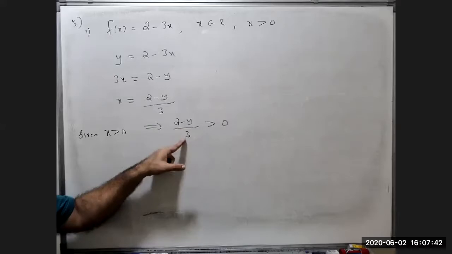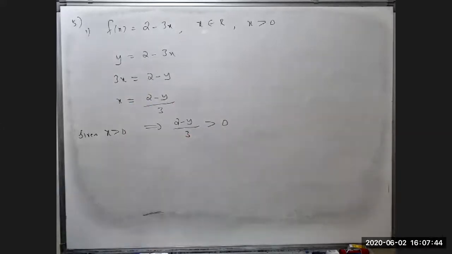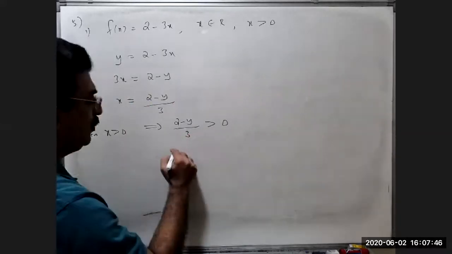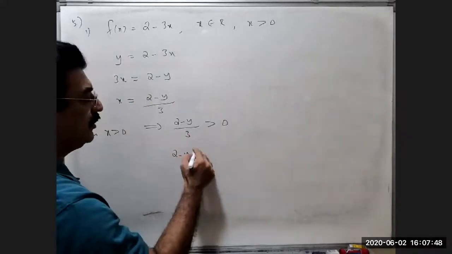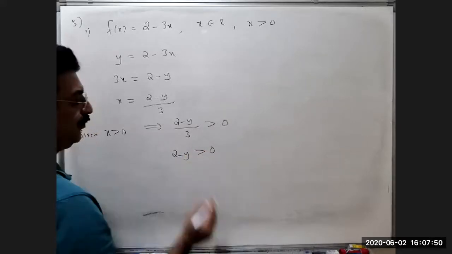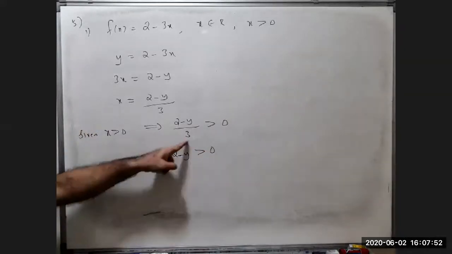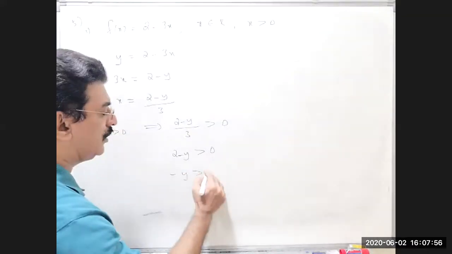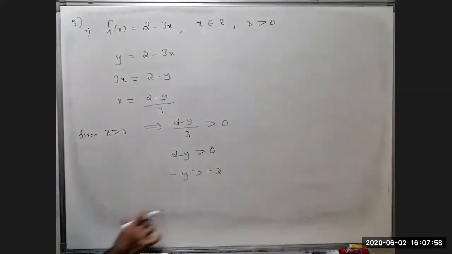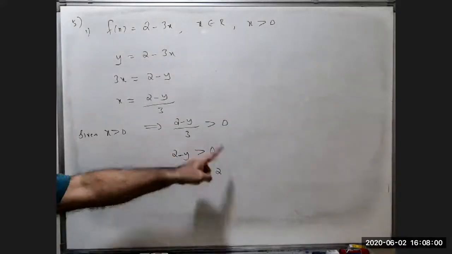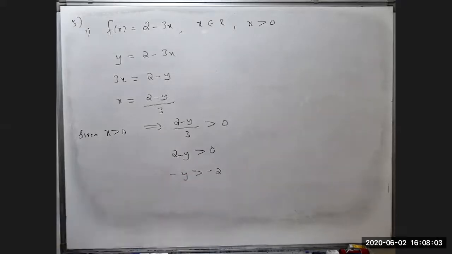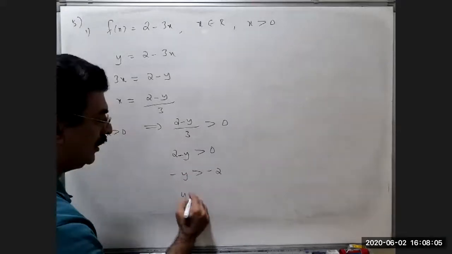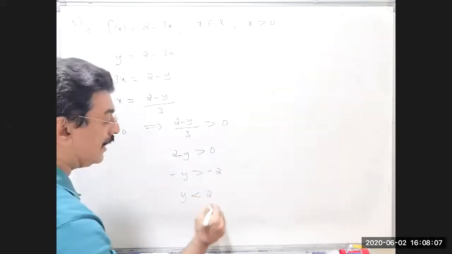Then 2 minus y is bigger than 0. Cross multiply 3 to 0. This is minus y greater than minus 2. Changing sign, y less than 2.